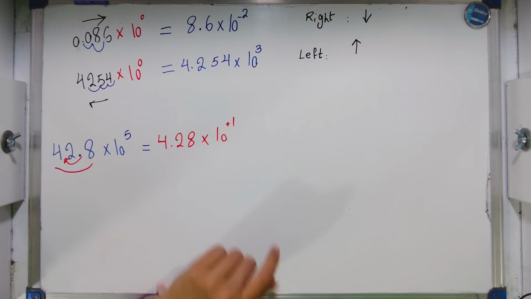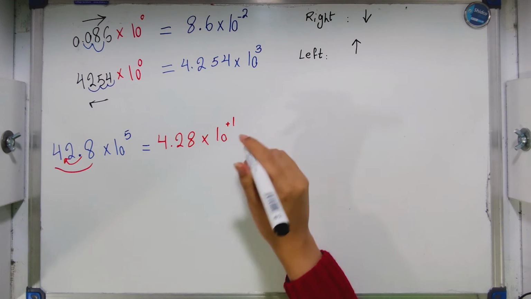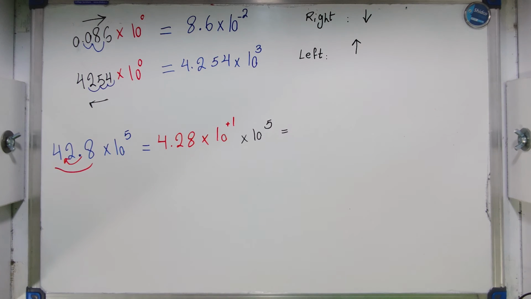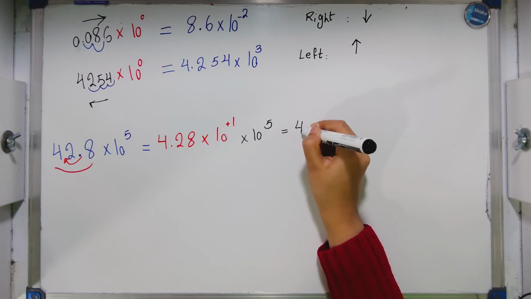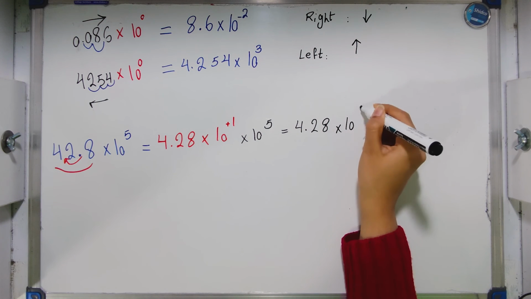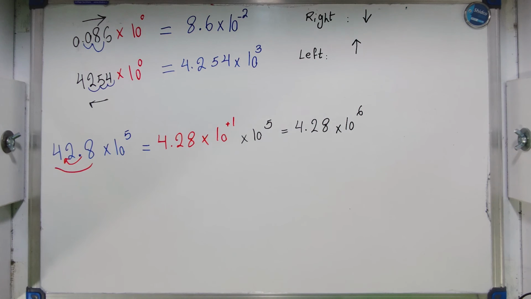So it will be positive 1. And I write 10 power 5 here. So you know that it will be 4.28 times 10 power 6. 5 plus 1 is 6.